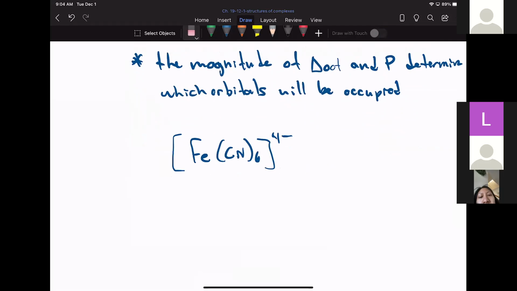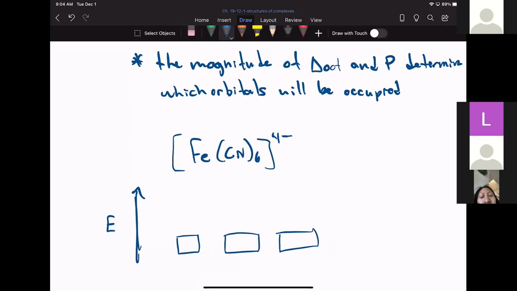Let's draw our energy diagram. CN is a strong field ligand.